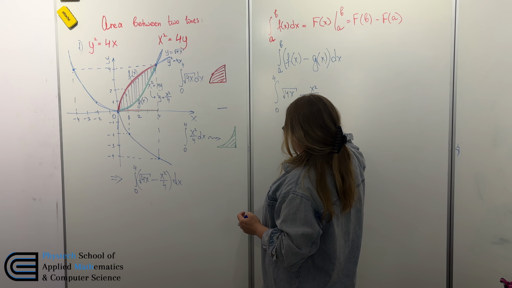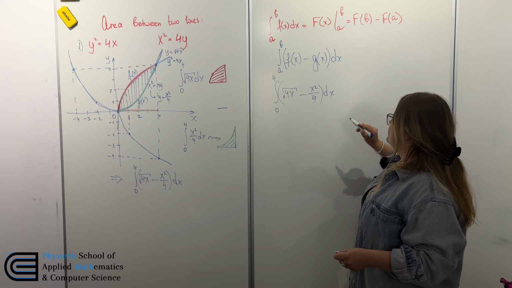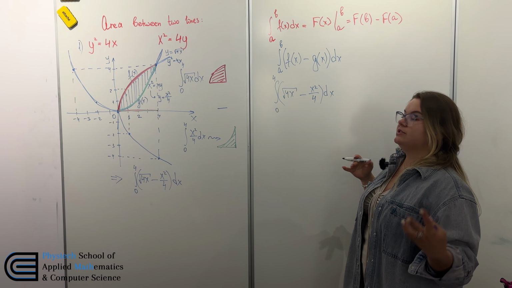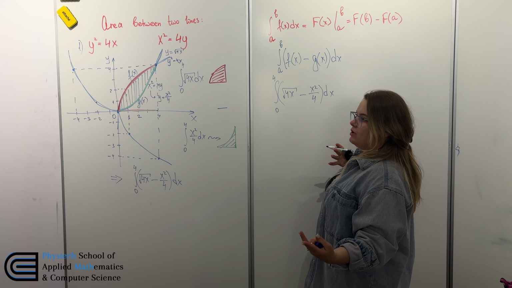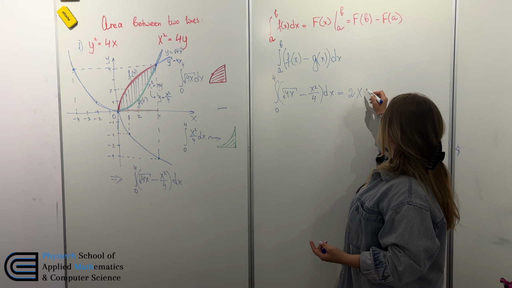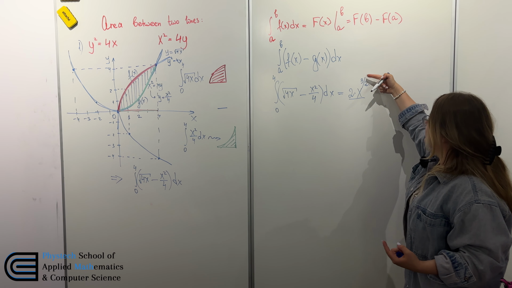Square root of 4x minus x squared divided by 4 dx. There are two integrals. Let's see. Here we have 2 and x to the power of 1 divided by 2. We need to add 1 to this power, and we will obtain 2 multiplied by x to the power of 3 divided by 2 divided by this number.